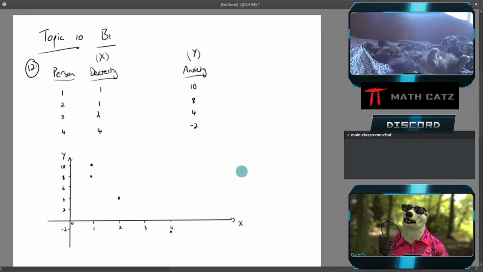So looking at this, I know we don't have a lot, so it's hard to say, but it might suggest a negative correlation. You see that it might suggest a line slanted like this, which indicates a negative correlation.